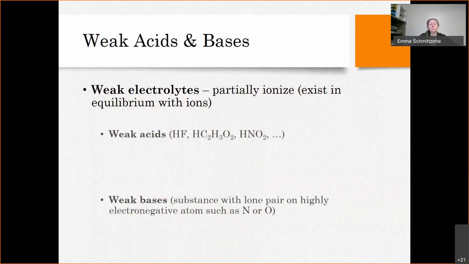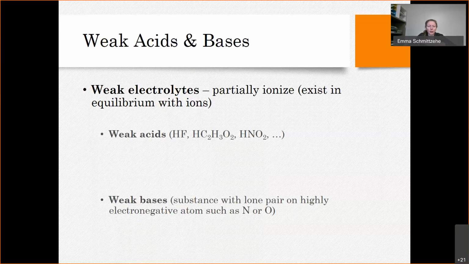Meaning it's actually going to exist in equilibrium with the ions. So you're going to have some of the neutral compound that you initially put into the solution, but you're also going to have some of it broken apart into ions. You actually end up having way more of just the neutral compound dissolved. So you only get a small amount of ions for these.